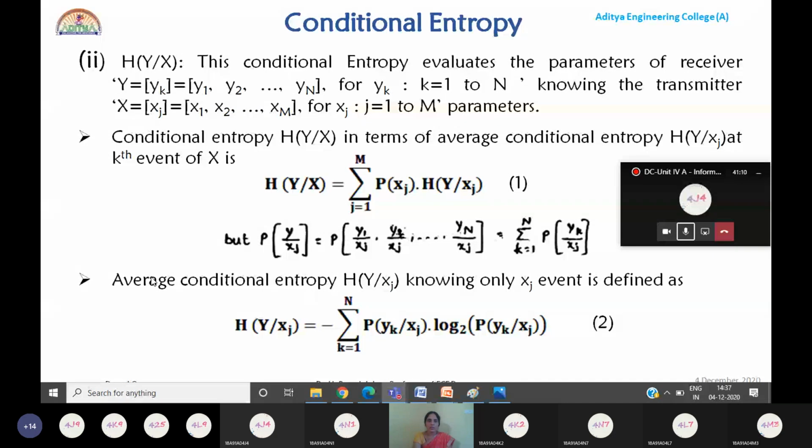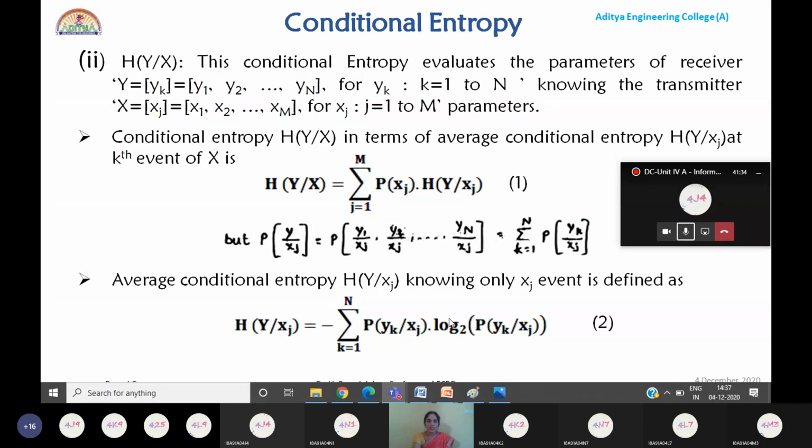So what is the expression for average conditional entropy? Average conditional entropy of calculating the receiver parameters by knowing the xjth event is defined as minus summation k is equal to 1 to n p of yk by xj log p of yk by xj base 2.